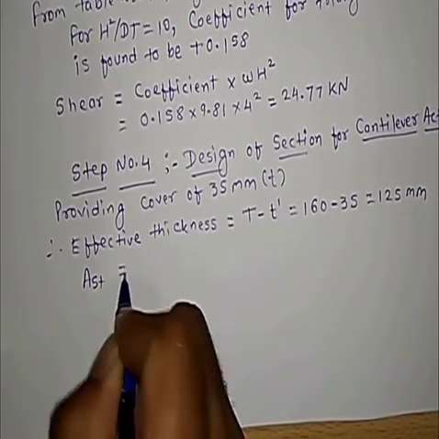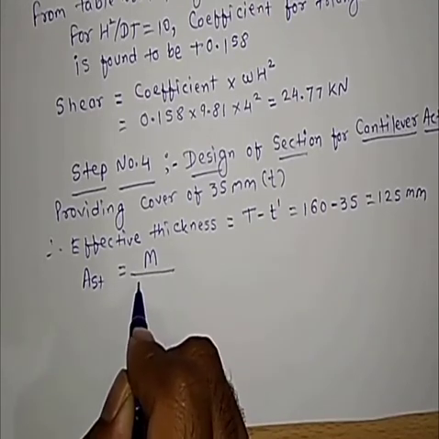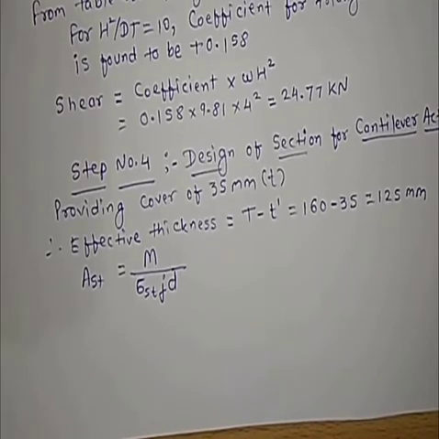So here AST is equal to M divided by sigma ST into J into D. Now this J factor is the lever arm factor, then you have this D, that is the effective thickness, and you can consider here moment at the base.